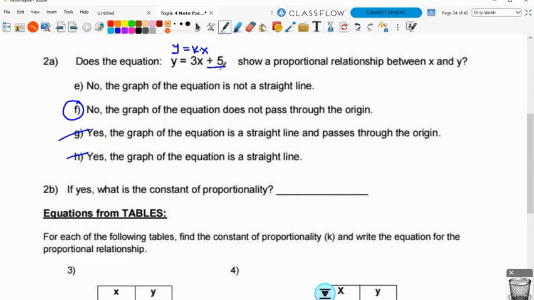Instead of starting at the origin 0, 0, it starts at the point 0, 5. Because we've added 5 here at the end, we're going to move up 5 units from the origin. All right, if yes, what's the value of k, the constant of proportionality? Well, this was non-proportional, so k doesn't exist, and again, we write n/a.